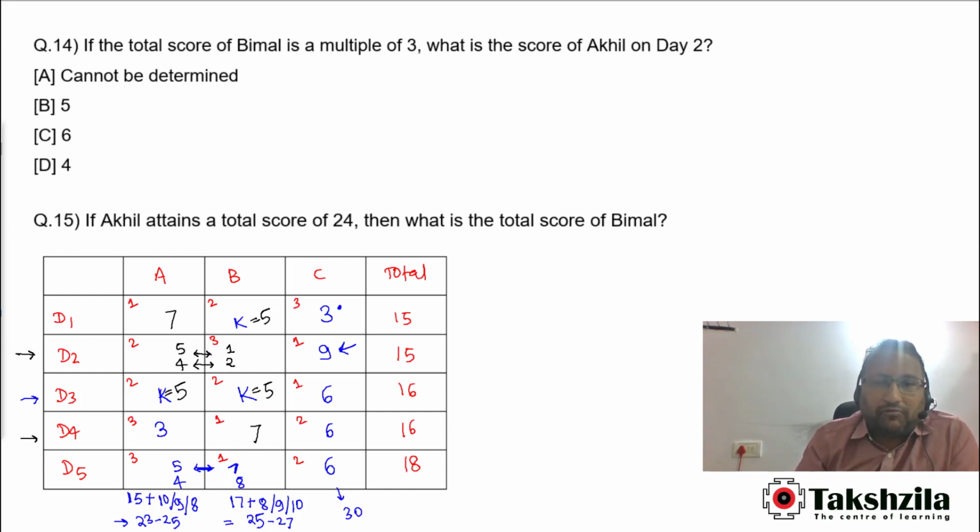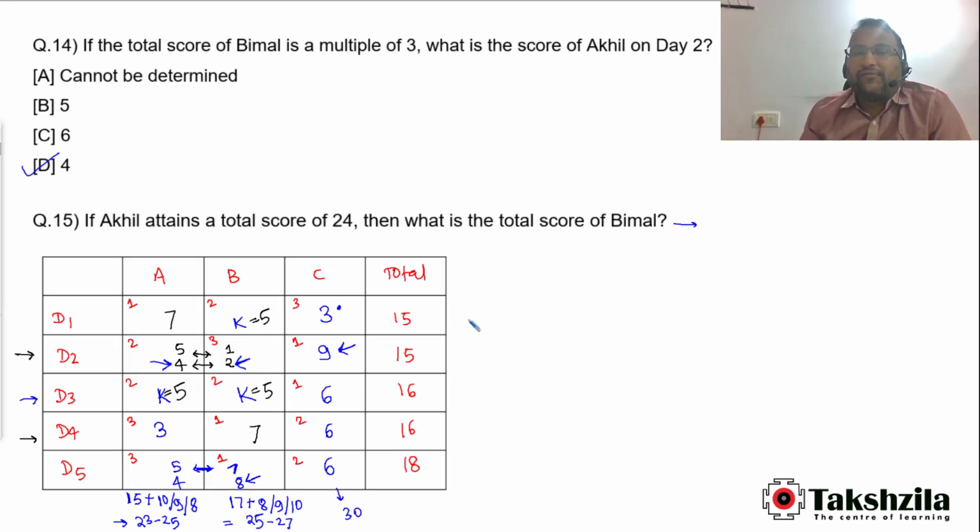And it will become 27 when we consider 2 from this and 8 from this, then it is going to be 27. Then the score of Akhil on day 2 is how much? The score of Akhil on day 2 becomes 4 in that case. Option D.